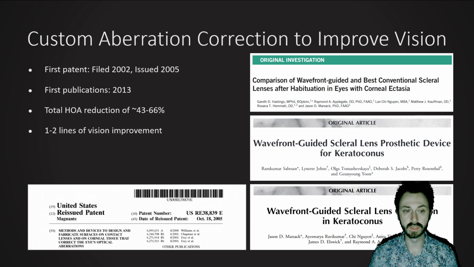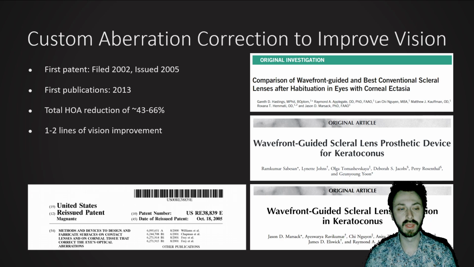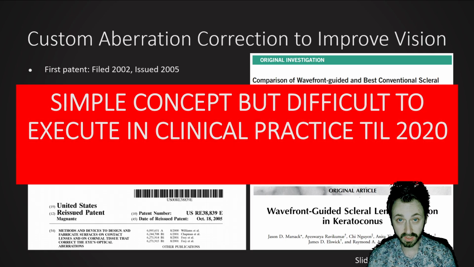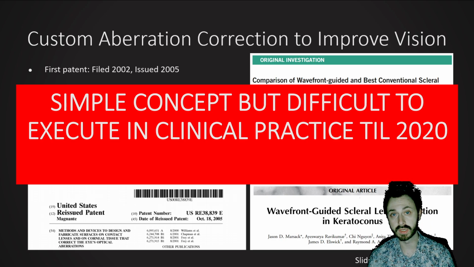They again found 1 to 2 lines visual improvement in the wavefront guided lenses, but we really haven't seen a lot of wavefront guided optics in sclerals until recently. It wasn't really until 2020 that this was easy for the everyday practitioner to do outside of a research setting.